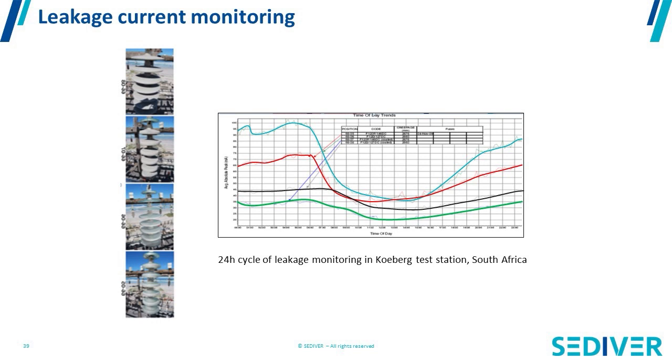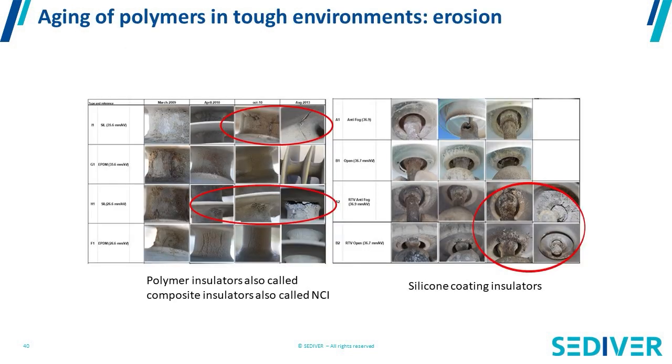And the limit that we have with our glass insulators, whatever the shape, is that at some point in time when you have really high pollution conditions, our insulators are not going to make it. So you have two options.